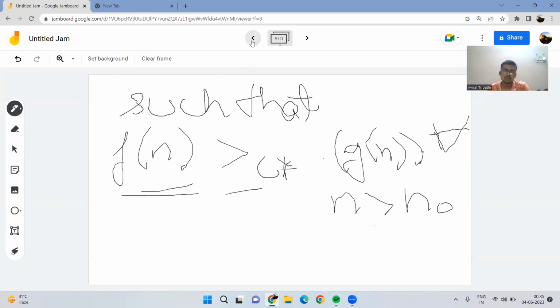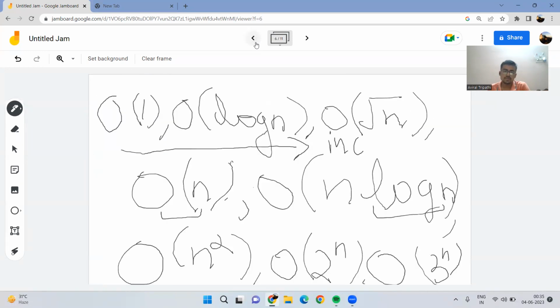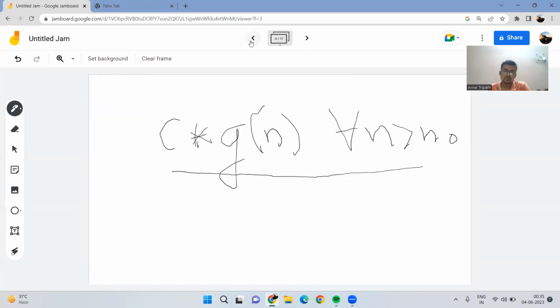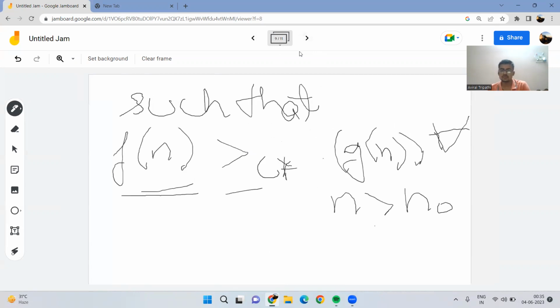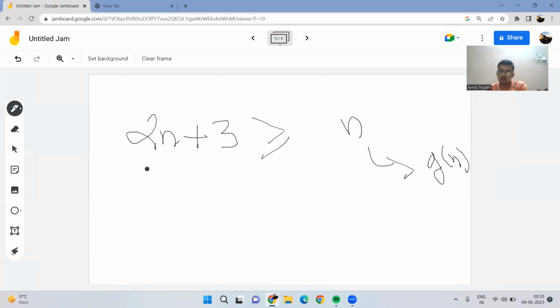Just for the correction, this is correct. So everything beside that is correct. So here it will be c, the positive constant value, into gn. So now we have got here a function.